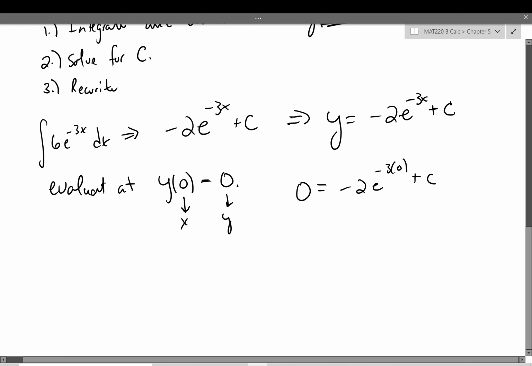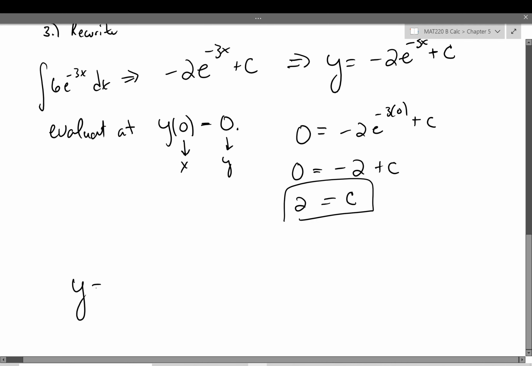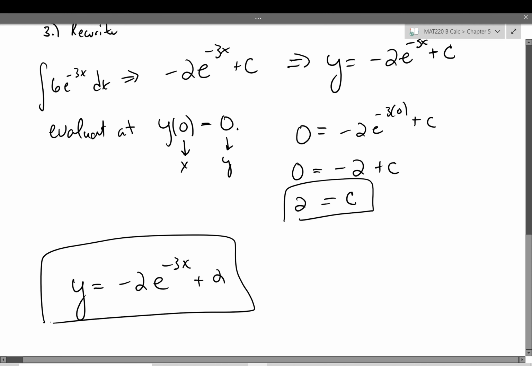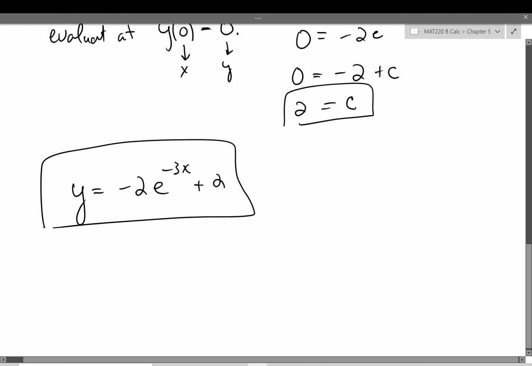That's going to give me 0 equals negative 2, because e to the 0 is going to be 1, and negative 2 times 1 is negative 2 plus c, or c equals positive 2. Then you rewrite: y equals negative 2 e to the negative 3x plus 2. So there's exponential functions. Every single one for us right now is done the same exact way.